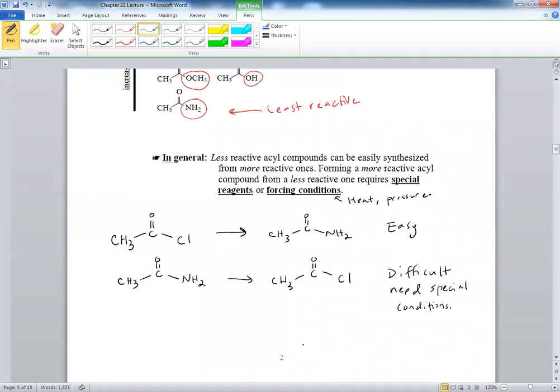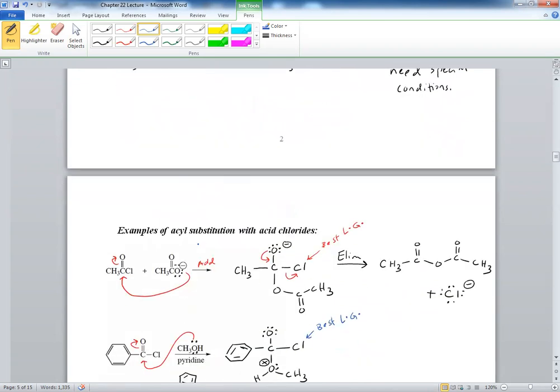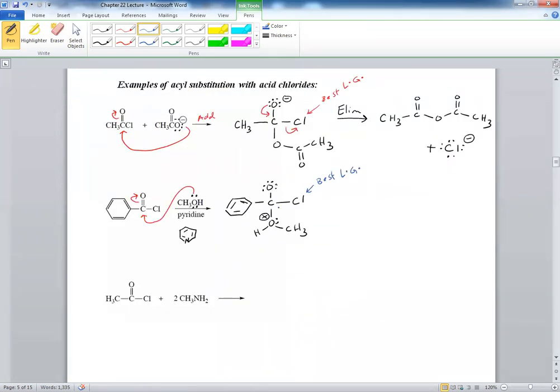Because once again, let's go back here and notice that this is the most reactive because it has the best leaving group. So whatever is below it will replace that Cl. So these electrons are going to come down, kick that out.